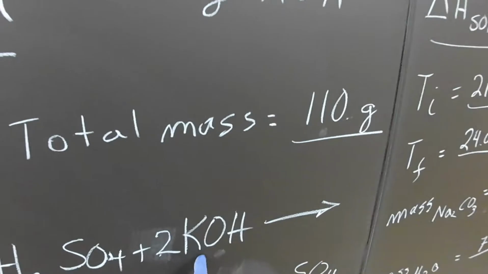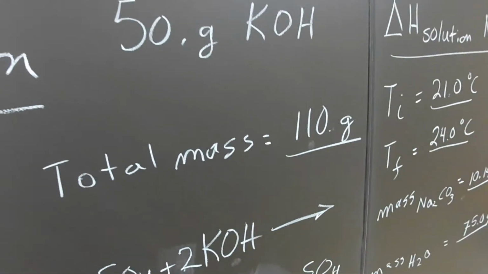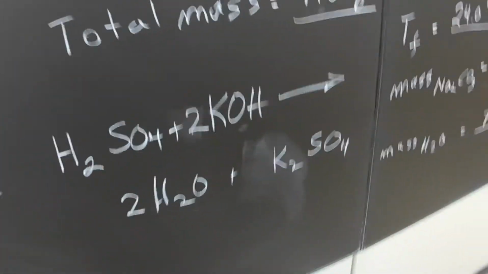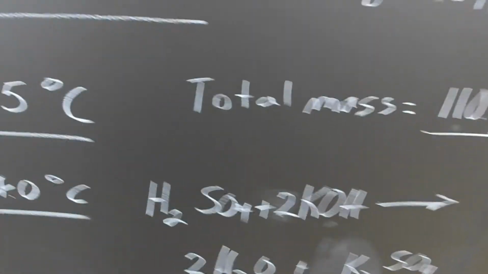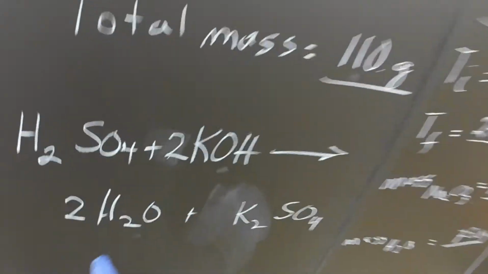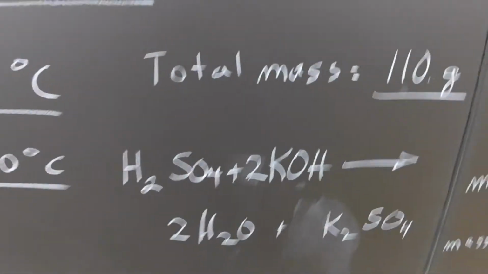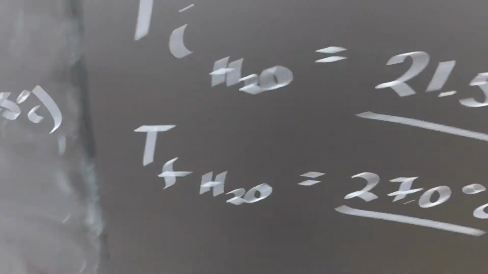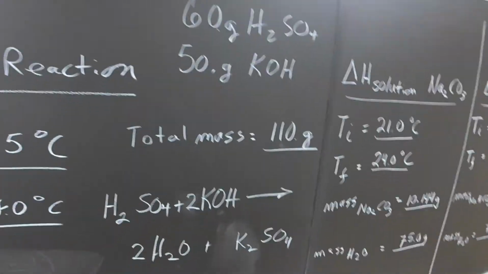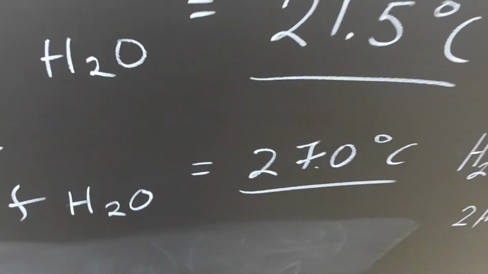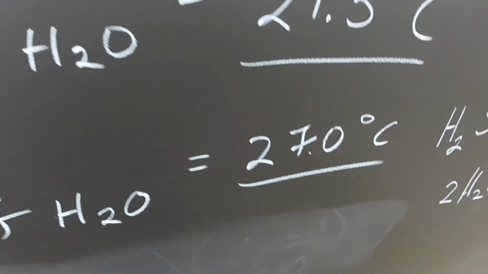So if we know how many moles of potassium hydroxide were produced, then we know how many moles of water were produced. And for acid-base reactions, we express the results in terms of moles of water because every acid-base reaction produces water. So we need moles of potassium hydroxide. So how do you get that? How many moles of potassium hydroxide were actually added? 50 milliliters, which is how many liters?